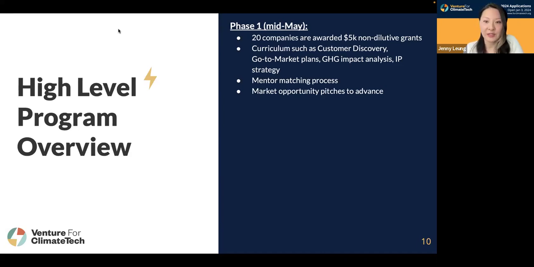We will also do a mentor matching process with lots of folks that can support you in any way that you're looking to be supported. And we will do a market opportunity pitch to help you advance to the next round. This market opportunity pitch is actually where you get to meet a lot of our board members.